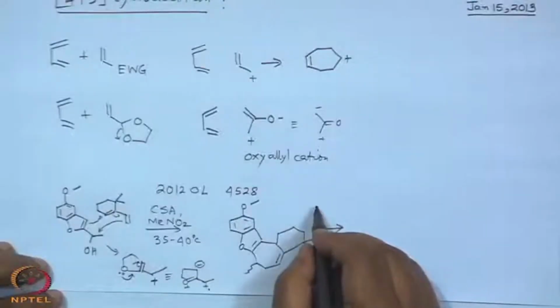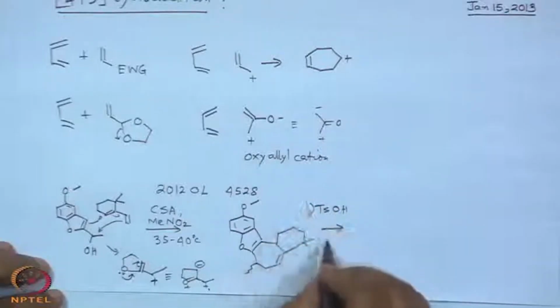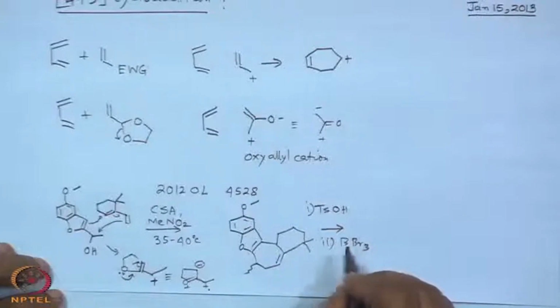And in this case, now if you treat this with paratoluene sulfonic acid, number 1, and then treat this with boron tribromide. So, what do you get?